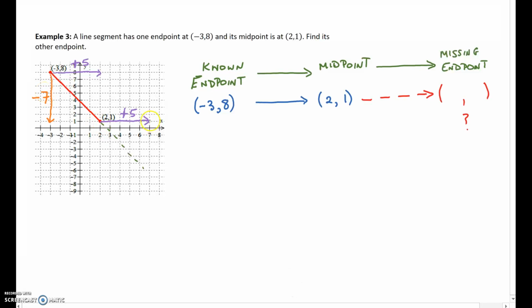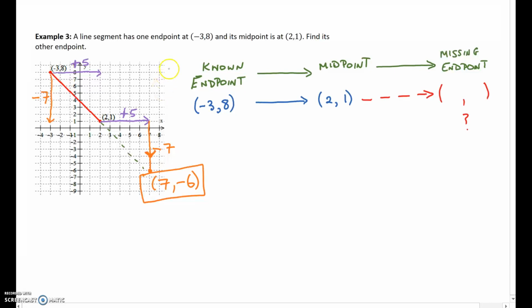So let's start from this arrow: 1, 2, 3, 4, 5, 6, 7. That's down 7, and wherever we end up, that should be the new endpoint. So we ended up here. Now, this x-coordinate is 7, and the y-coordinate is -6. So 7, -6.